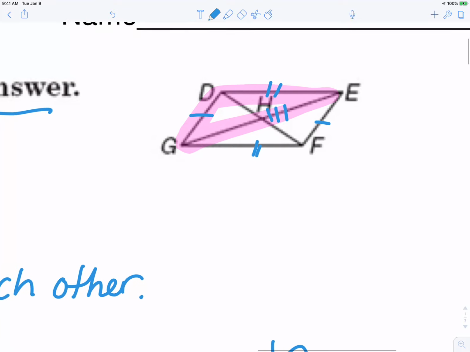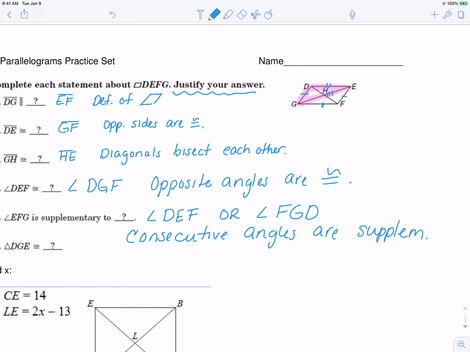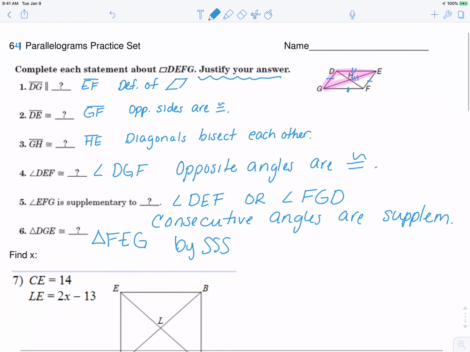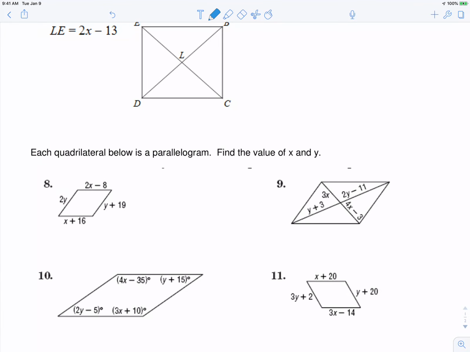So triangle DGE is going to match up with, D is going to go with F, G is going to go with E, and E is going to go with G. And the way I've proven it is by side, side, side, but you may have picked a different way to show that those two triangles are congruent.